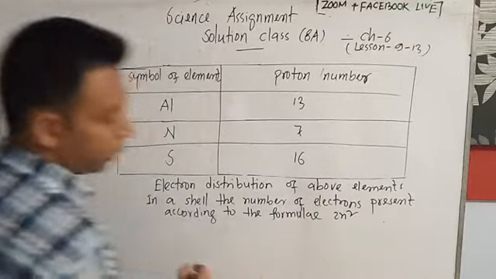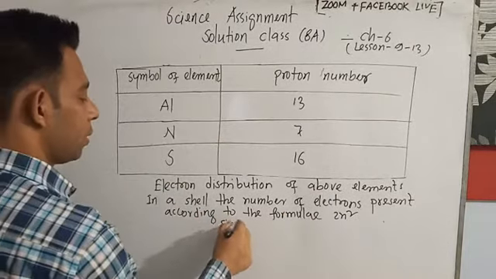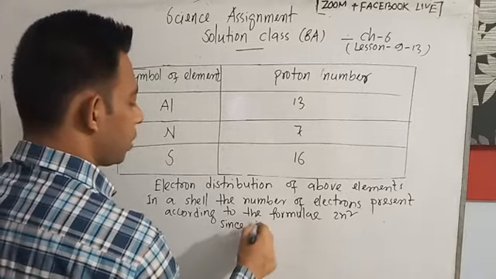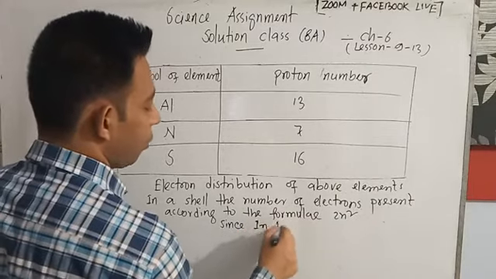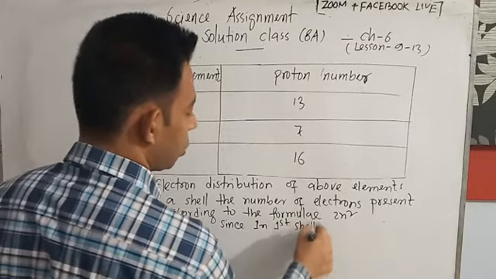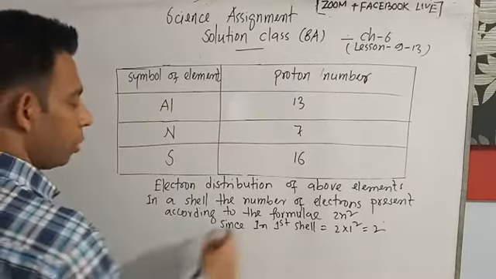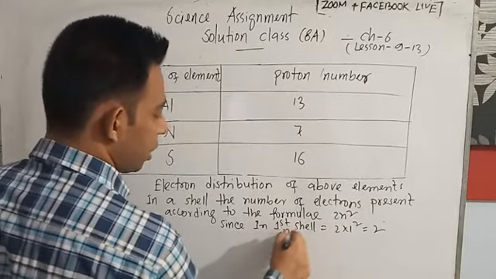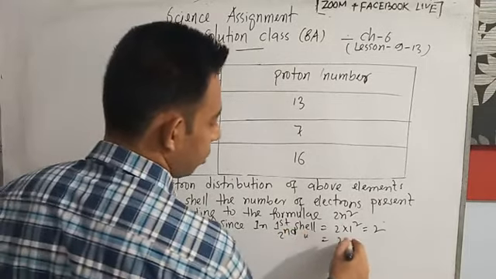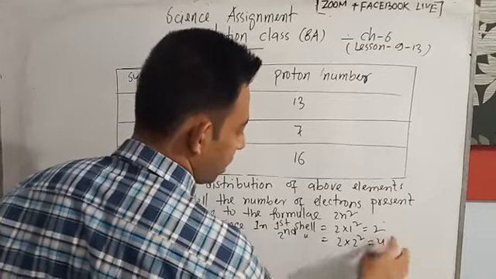In the first shell, 2 into 1 square, that means maximum electrons 2. In the second shell, maximum electrons 8.